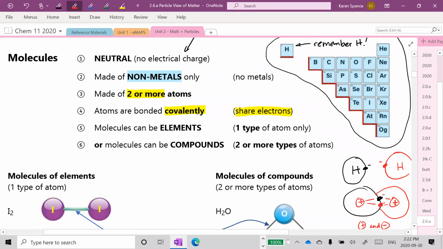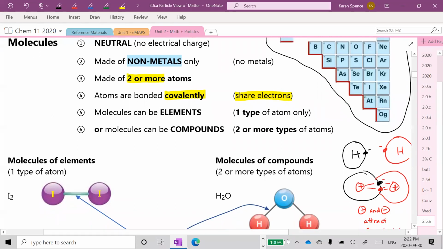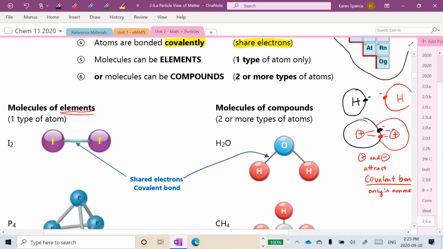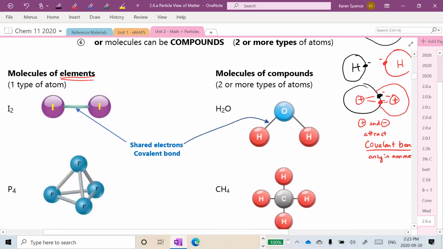And molecules are funny. It confuses people sometimes because they think, oh, I've got 2 or more atoms, it has to be a compound. But molecules can actually be elements, right? You can have a molecule of an element, and all that means is that the atoms are all the same within the molecule.